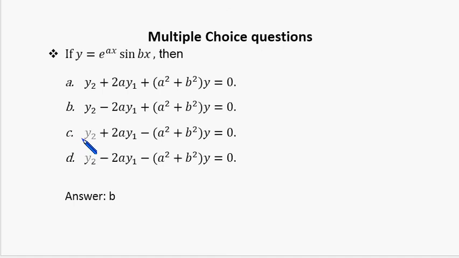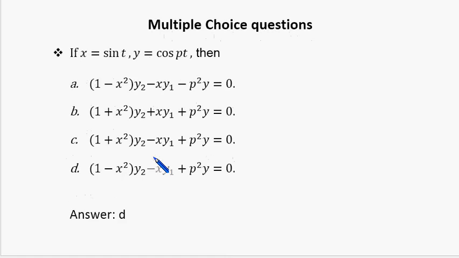Option C, y2 plus 2a y1 minus (a square plus b square) into y is equal to 0. Option D, y2 minus 2a y1 minus (a square plus b square) is equal to 0. The answer is B.